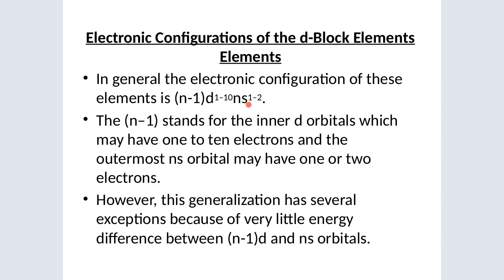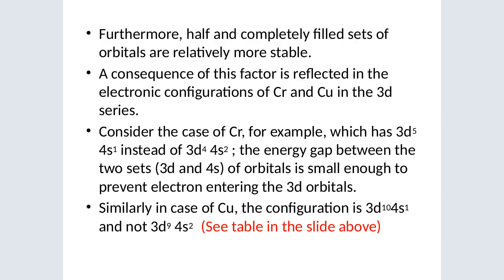Then there's the outer ns orbital, which can have 1 or 2 electrons depending on the element and energy stability issues considered. For instance, we'll be considering half-filled and full-filled stabilities to determine whether the ns would have 1 electron or 2 electrons.